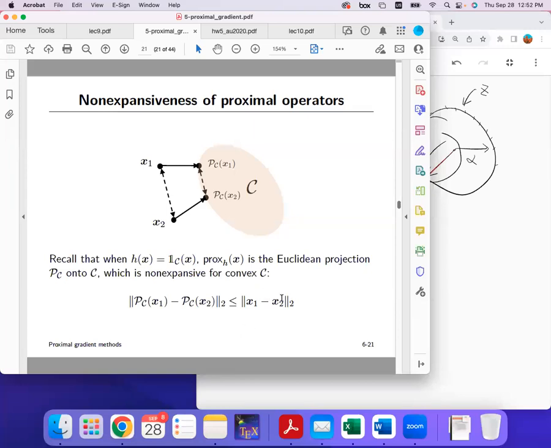Consider any two points x1 and x2, and consider their projection points onto the convex set C. We have shown that the distance between the projected points is always smaller than or equal to the distance between the original two points. So this means that after projection, the distance will only be smaller. This is called non-expansiveness. We are not expanding.